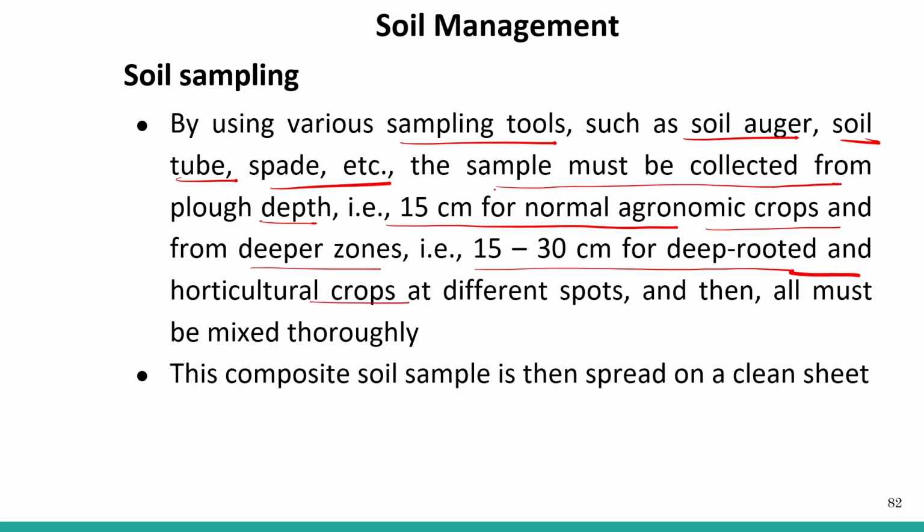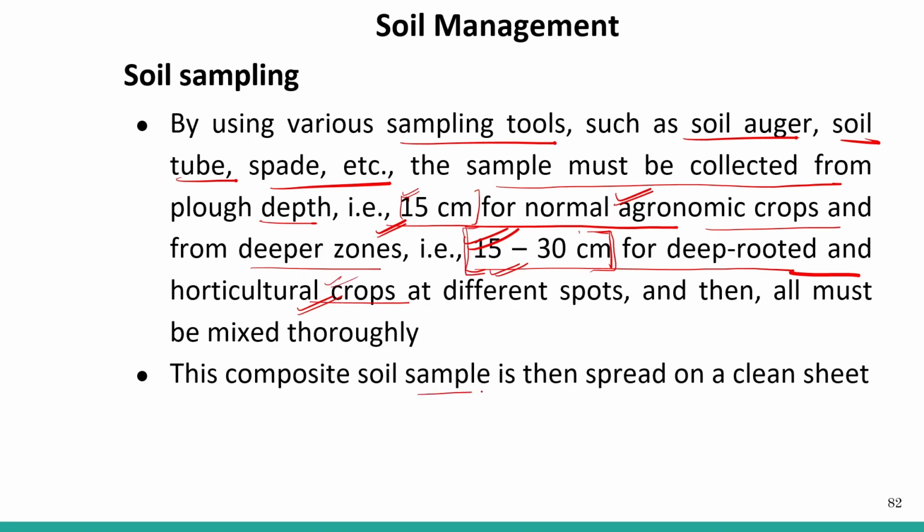So if we are having normal agronomic crops, then 15 centimeter depth of the soil from the crop field is enough. And if we are going for the horticulture crop field, then 15 to 30 centimeter deep. Okay, this is the depth of the sample that we take in the case of horticulture crops.